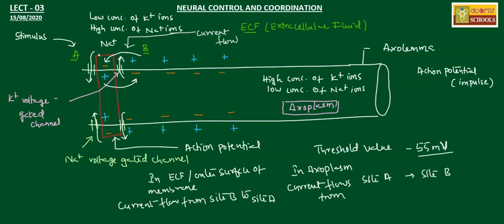So now the charge will come back, plus here and minus. Now at the B side, again there is a movement of sodium ions into the axoplasm, and at this point the charges become reversed.